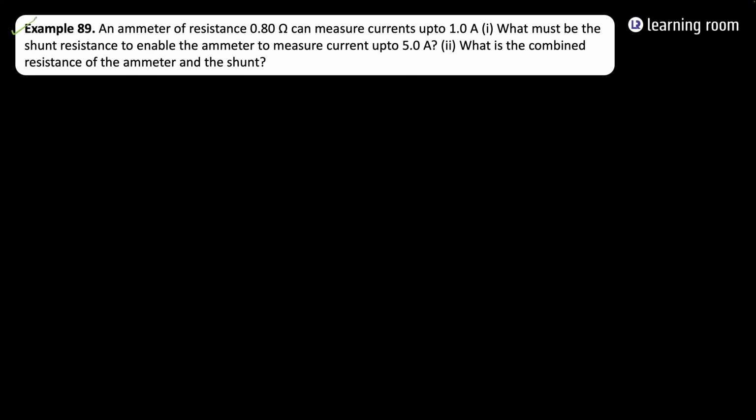The second problem based on conversion of galvanometer to ammeter: an ammeter of resistance 0.8 ohm can measure current up to 1 ampere. We'll first draw an ammeter and then start solving the problem. But remember, this ammeter is now the new galvanometer.